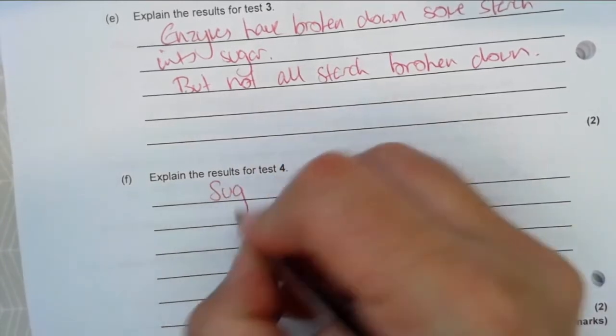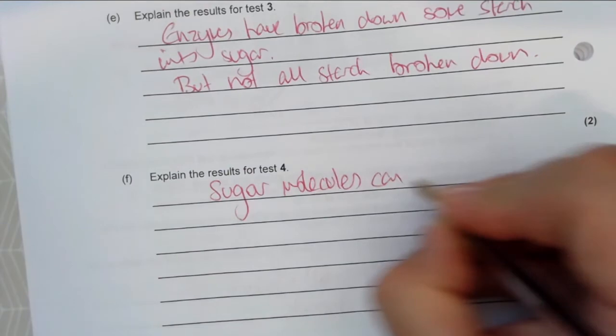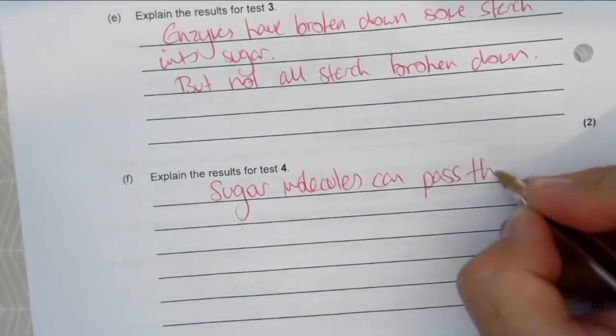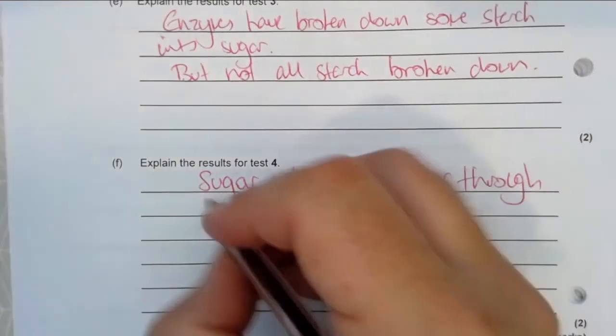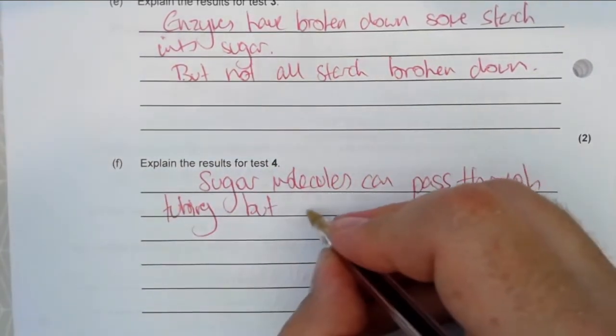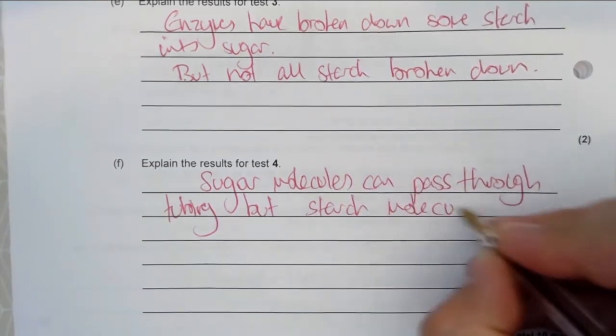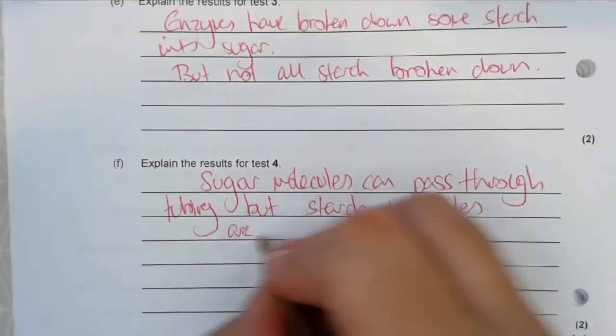So sugar molecules can pass through the tubing, but starch molecules are too large.